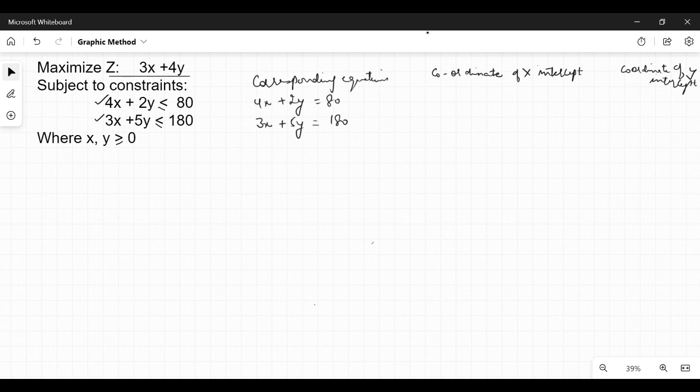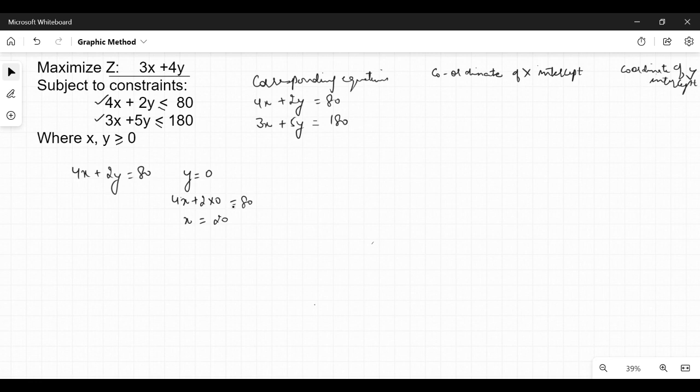First, for the equation 4x + 2y = 80, in order to find the coordinate of the x-intercept, we put the value of y as 0. The equation becomes 4x + 2 into 0 = 80, so the value of x is 20.